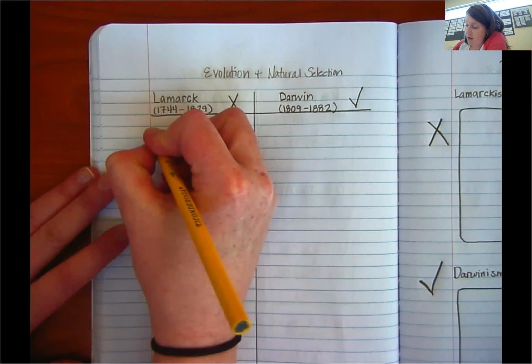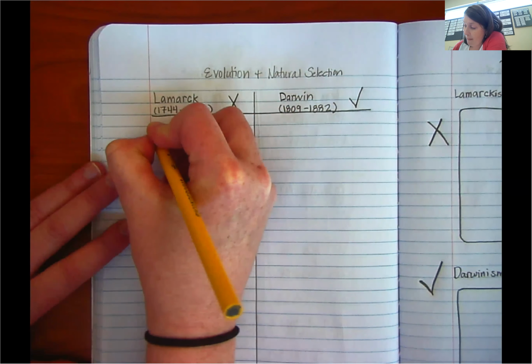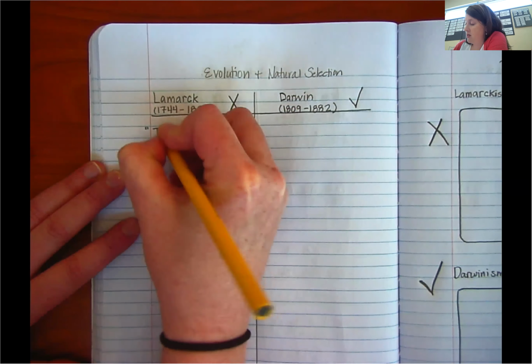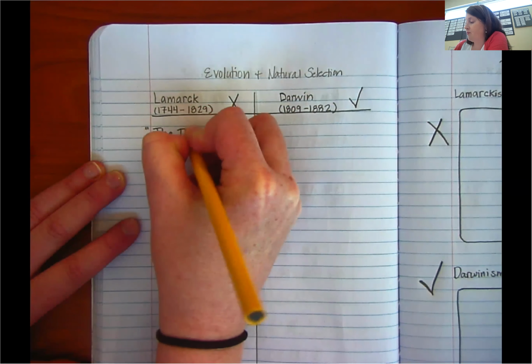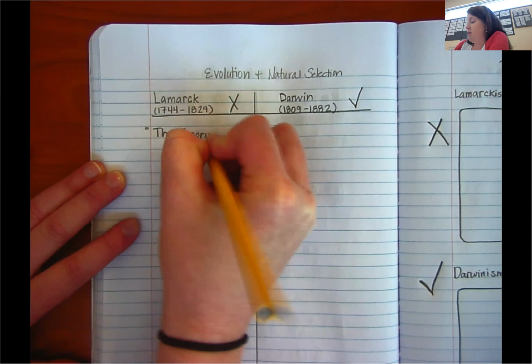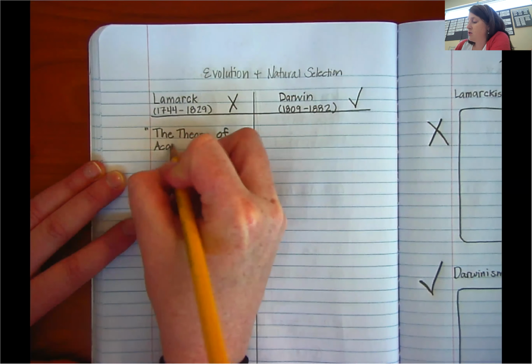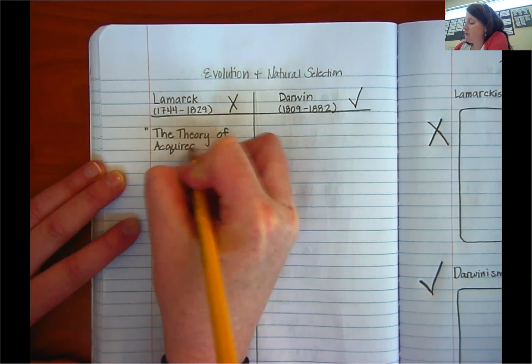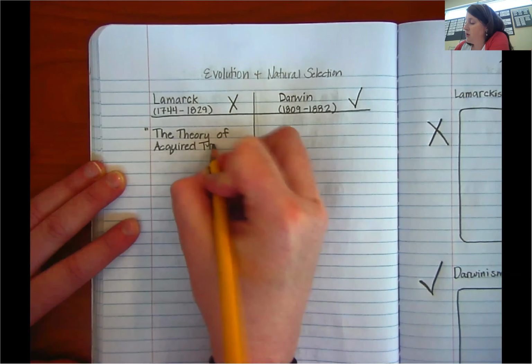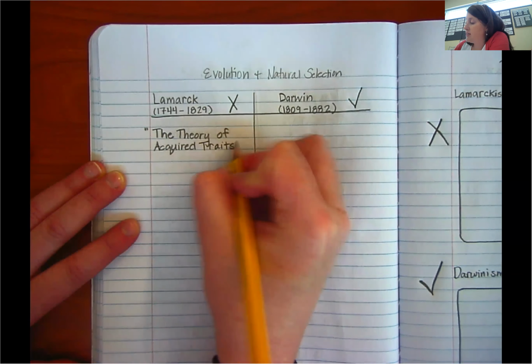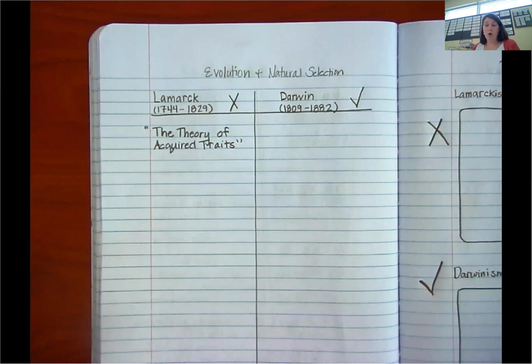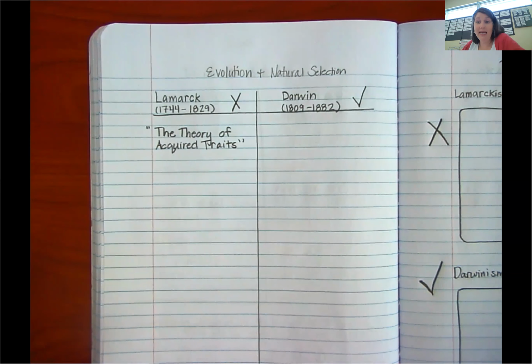And that theory is called, let's put it in quotes, the theory of acquired traits. And think about the word acquired, it kind of hints at what it's about. Over time, you acquire a trait by needing it.